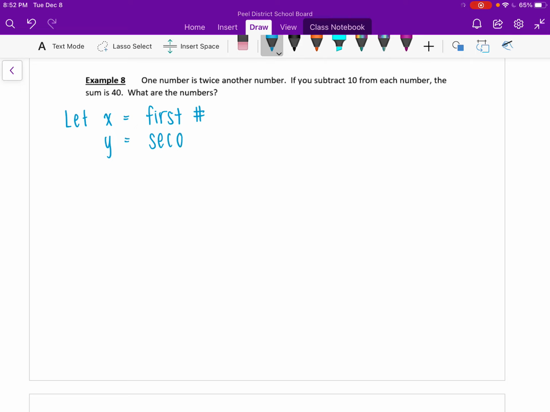So we're only working with 2 numbers here, right? It says one number is twice another number, right? That means that either x or y is twice the other one. So let's just say y is twice the amount of x. So we're going to say y is 2 times x. We've kind of defined our variables.